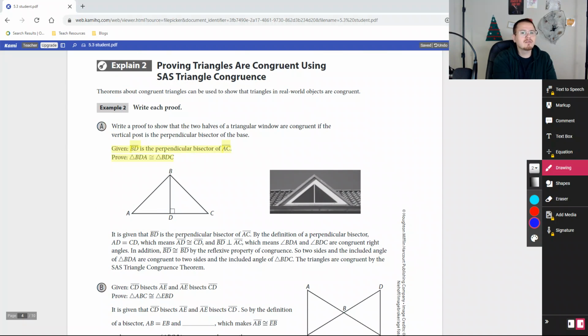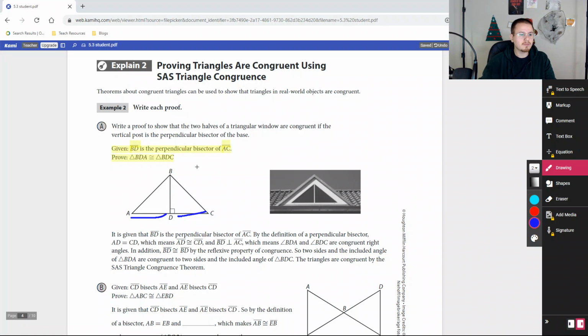Proving triangles are congruent using SAS. Write the proof. So, there are real world objects, and some of these real world examples just aren't great. But anyways, we're given that line segment BD is the perpendicular bisector of AC. So that means these two sides are now congruent. Prove that triangle BDA is congruent to BDC.